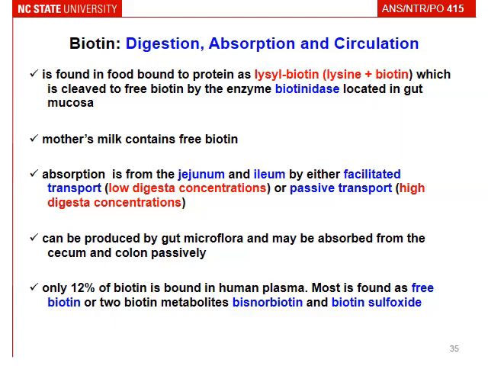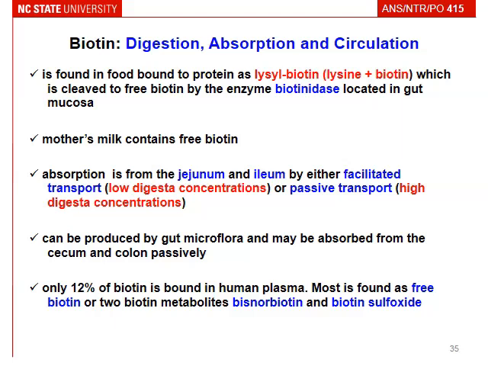Now, for our infants that don't have well-developed GI tracts that may not be making adequate amounts of biotinases, free biotin is actually found within the mother's milk. We absorb it from the jejunum and ileum, and this is facilitated transport.